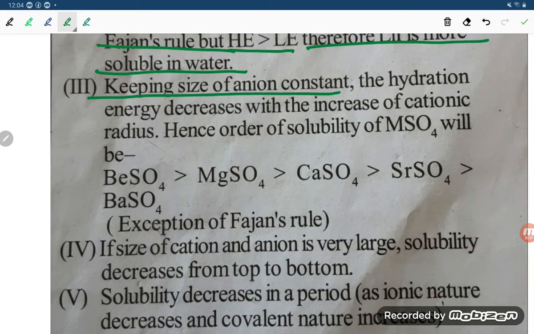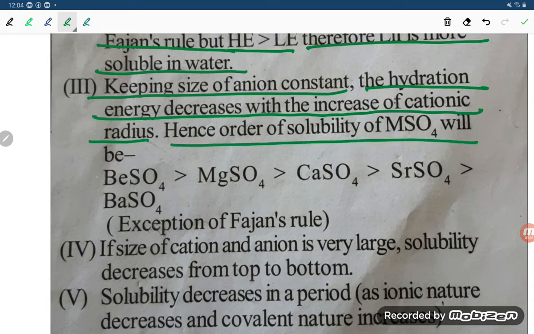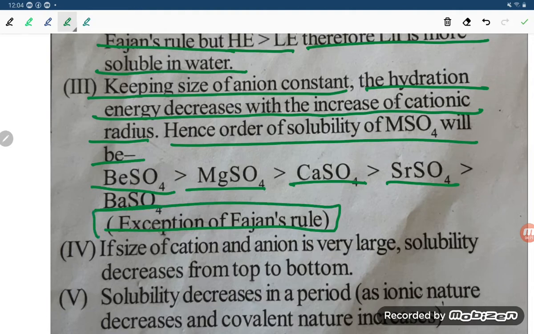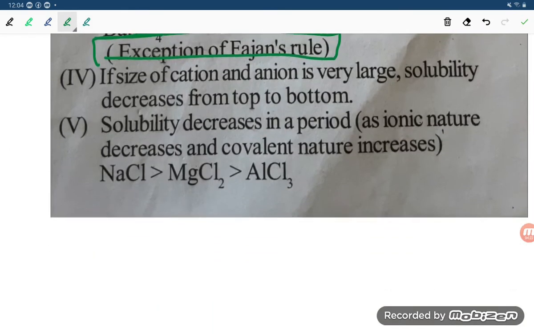Keeping the size of anion constant, the hydration energy decreases with the increase in cationic radius. Hence, the order of solubility of MSO4 will be like beryllium sulfate will dissolve more than magnesium sulfate, calcium sulfate, and BaSO4, because this is the exception of Fajan's rule. Why, student? Because here we are following the hydration energy. In case of cation, we are following the hydration energy, but in case of anion, we are following Fajan's rule.